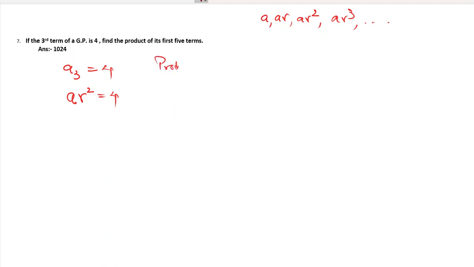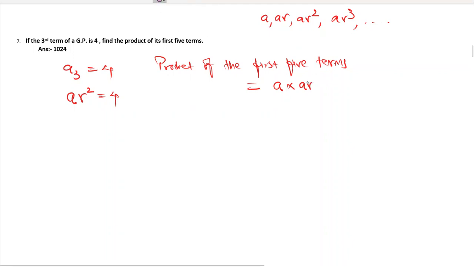Let's write here, product of the first 5 terms is equal to A into AR into AR square into AR cube into AR raised to 4.